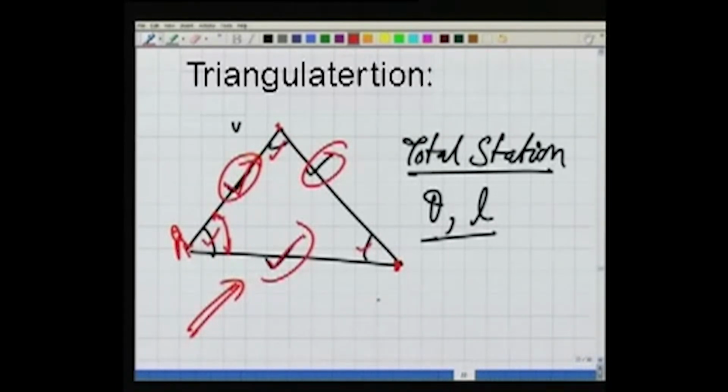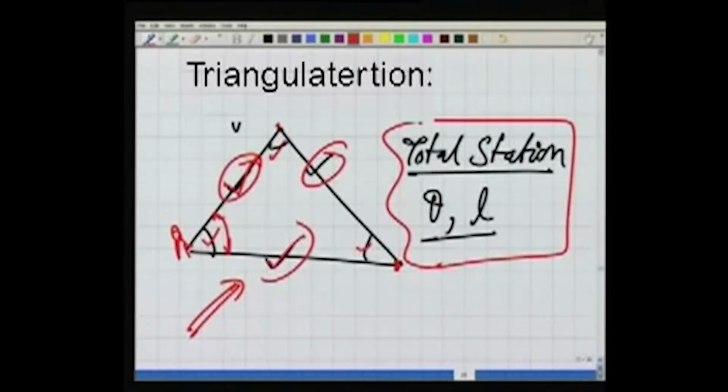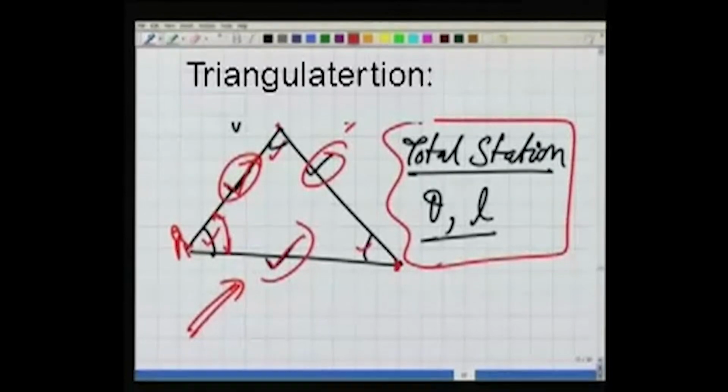So now with the availability of the total station, if we are going for a very precise survey, if we are going to establish a very precise, very accurate control network, we would like to go for triangulateration. Okay, now at this stage we have gone through almost all the steps of triangulation and trilateration.